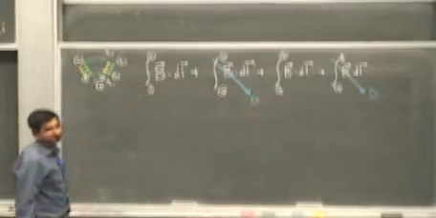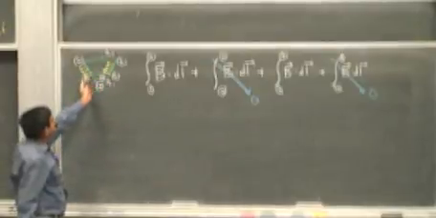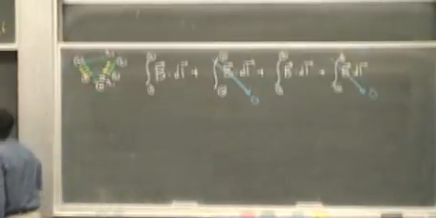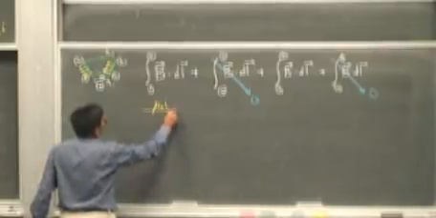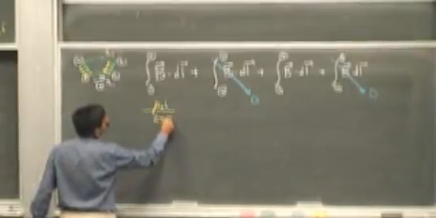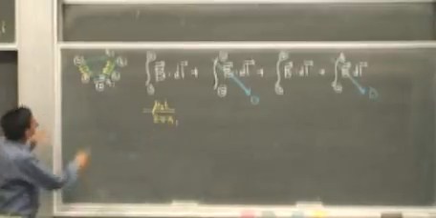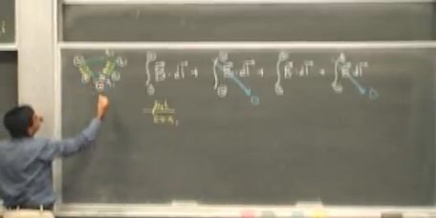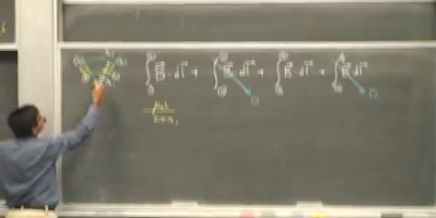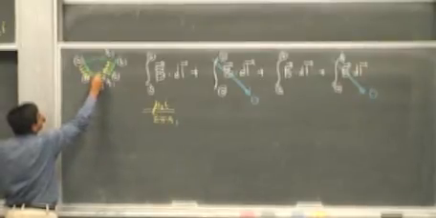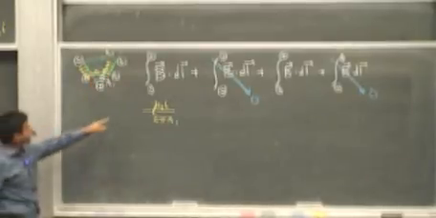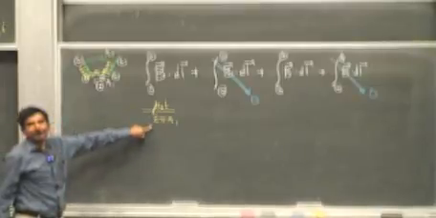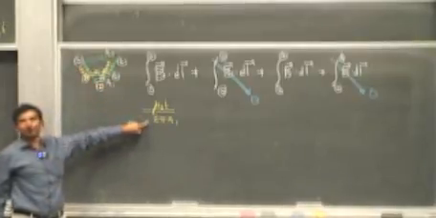If we look at the first term, what is B? B is simply given by mu naught I over 2 pi R1. Along this path, the magnetic field is pointing in this direction, along the tangent, and its magnitude is mu naught I over 2 pi R1, because at a distance of R1, this is what the magnetic field is.